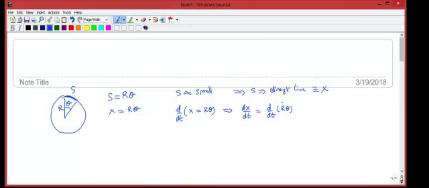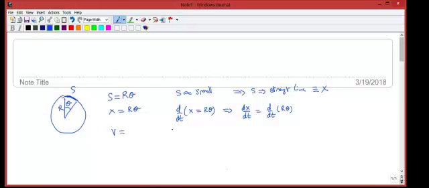Why are we doing this? Because look, what's showing up on the left-hand side? Here's something that we have seen before. Could you refresh everybody's memory on what this is? dx dt from chapter 2. Yeah, linear velocity, excellent. So this is nothing else but the linear velocity.